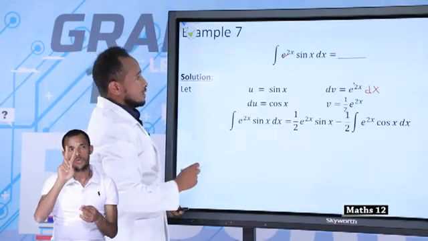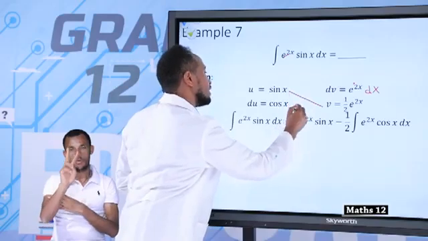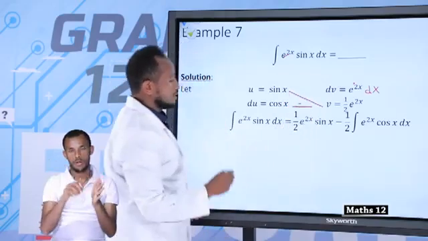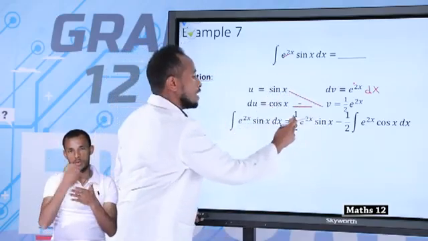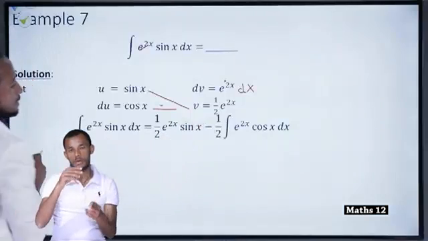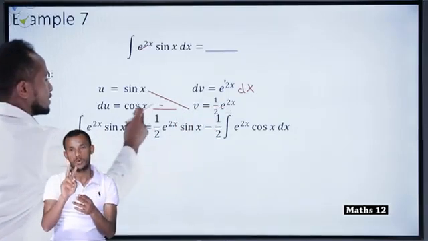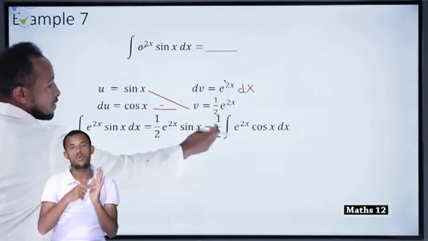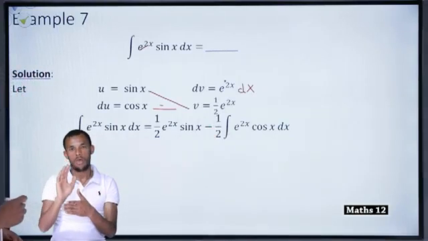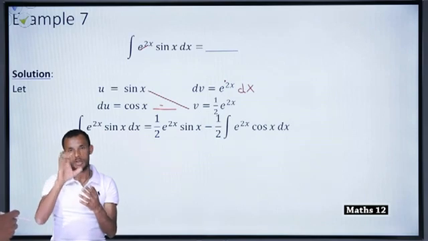Therefore, this integral will be the product of the two and then minus this one. The product of the two is half of e raised to 2x times sin x, minus the product of the two. Just take half outside. So 1 over 2 times the integration of e raised to 2x cos x dx.